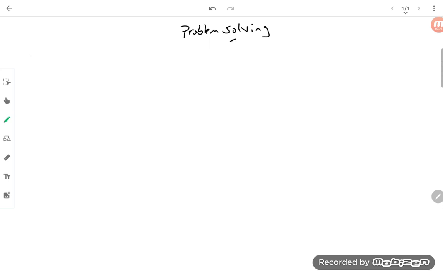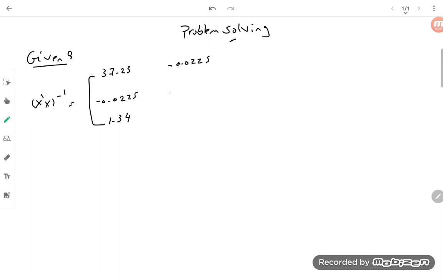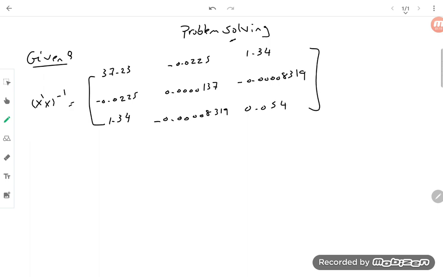If you are given the following, this is the (X'X) inverse matrix, and this is the vector X'Y.